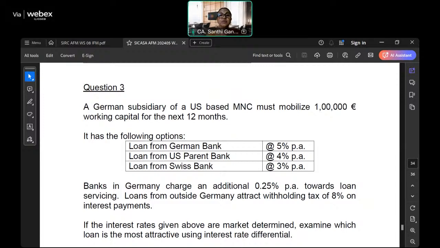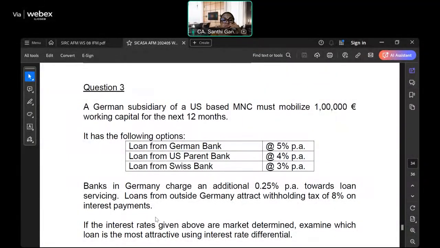Now, this is a beautiful problem. So how do we go about it?